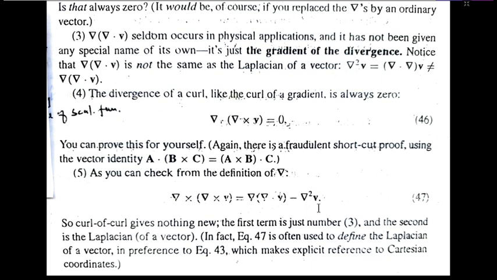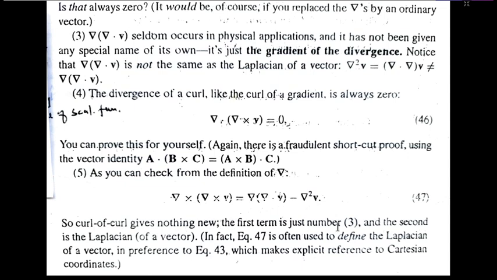If I give you some vector formation of v, and for the curl of curl I give 4 options A, B, C, D, you have to do a rough calculation in your rough pages and dig out the correct answer. So curl of curl gives nothing new.